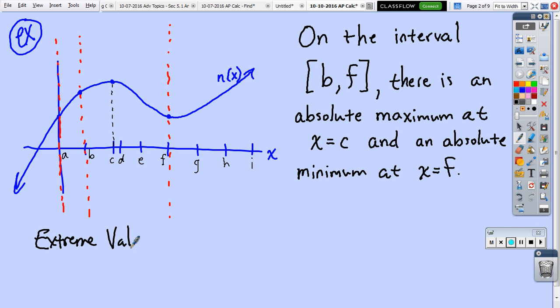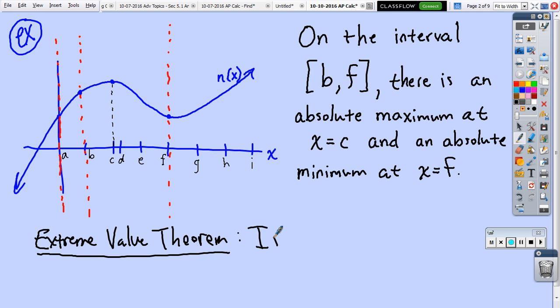Extreme value theorem. This is particularly a good thing when you have the part of the AP exam where you have to give free response answers. It's good to know this.